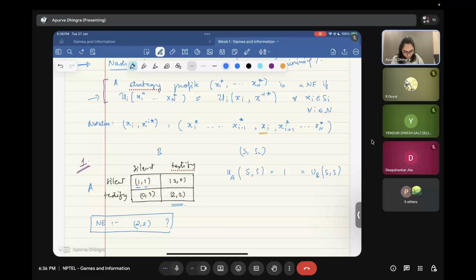If (2, 2) is told to be the Nash equilibrium, we are talking about the strategy profile (T, T). So let's write out all of them.